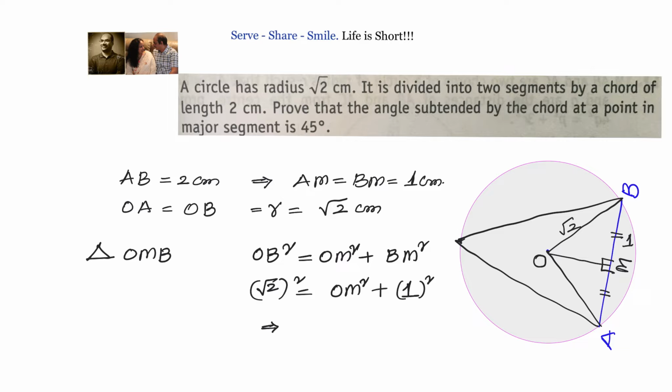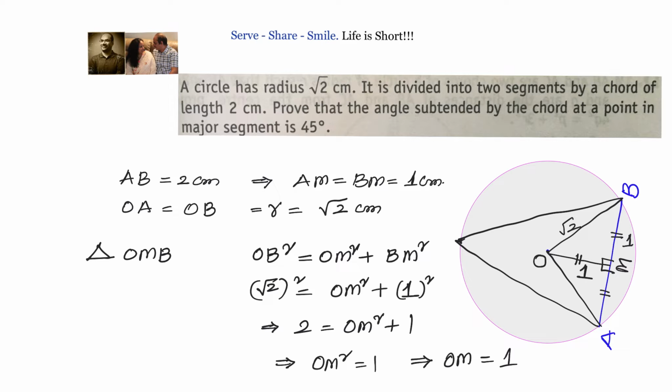From that we can see that 2 equals OM square plus 1, or OM square equals 1. We will take only positive values, so OM equals 1. So we got this also equals to 1. Then we know that AM equals BM equals OM.